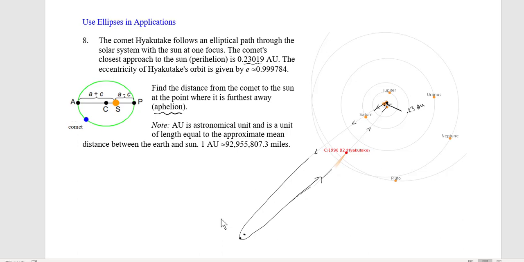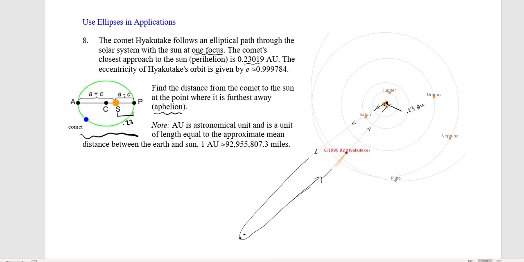Okay. So remember, we're told that the sun is at a focus. So maybe I redraw, oops, let's not scribble through it. The sun is at a focus. So maybe I redraw this or think about this more nicely put together picture over here to get some information. We know this distance, right?